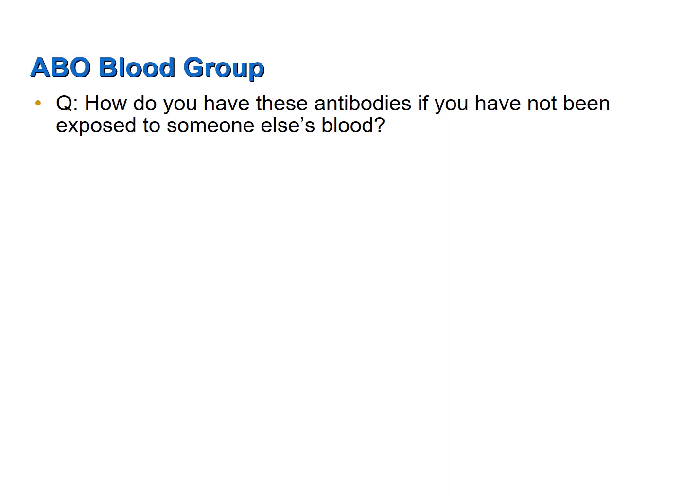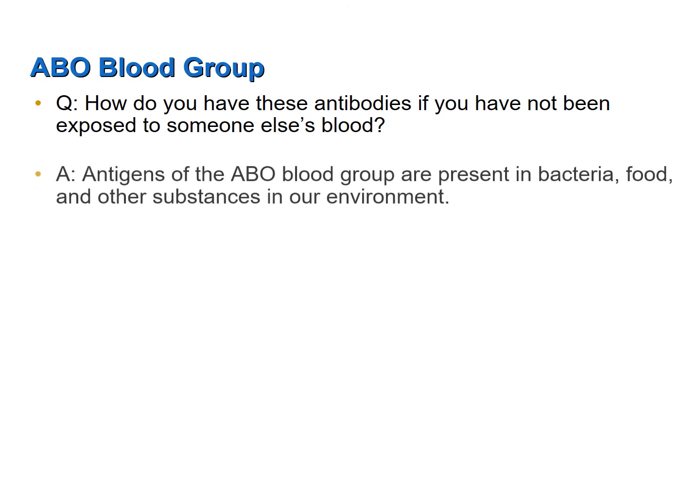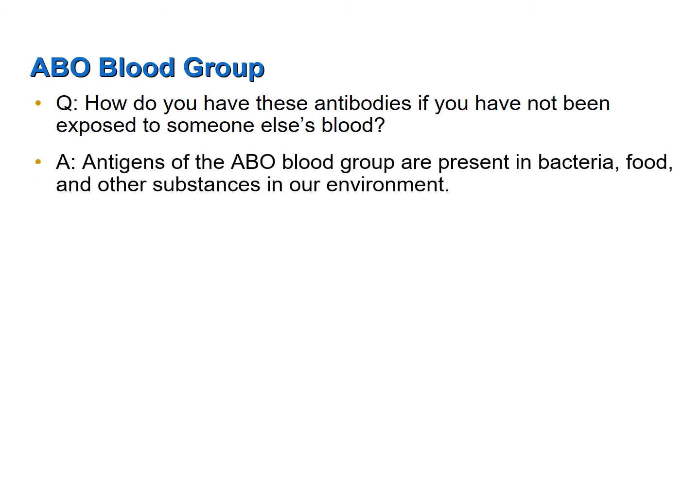So in a previous slide, I said that you have to be exposed to an antigen in order for your immune system to develop antibodies against that antigen. So how does your immune system produce antibodies against an antigen of a foreign blood group if you haven't been exposed to foreign blood? Well, it turns out that antigens of the ABO blood group are also present in bacteria.